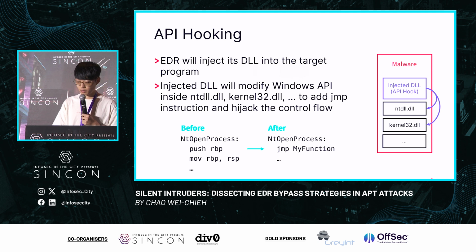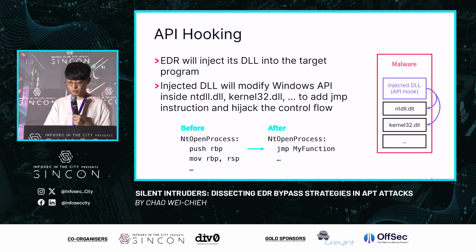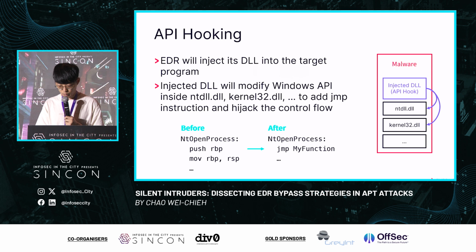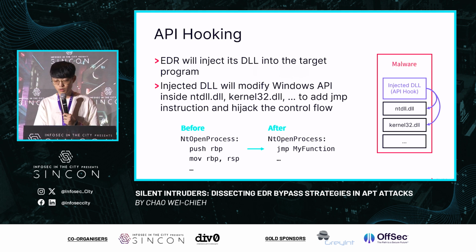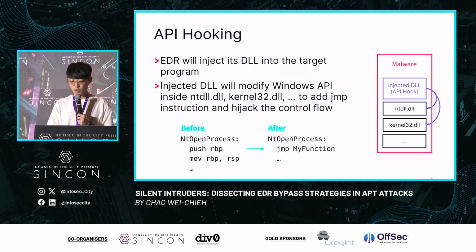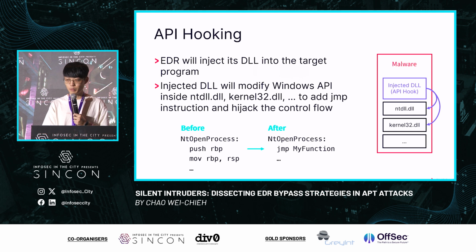For example, if the first two instructions in NtOpenProcess are push RBP and mov RBP, RSP, then the EDR will override them with a jump instruction to redirect the control flow to the EDR function. And then it will record that this function has been called. In addition, EDR may also record the parameters of the Windows API, which sometimes can be very useful.